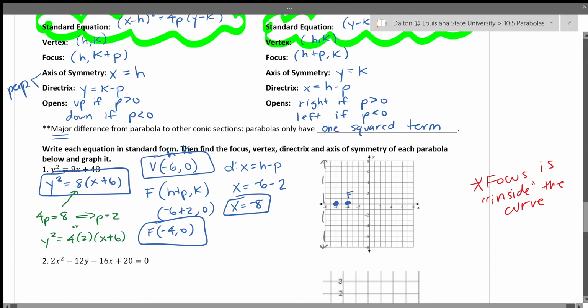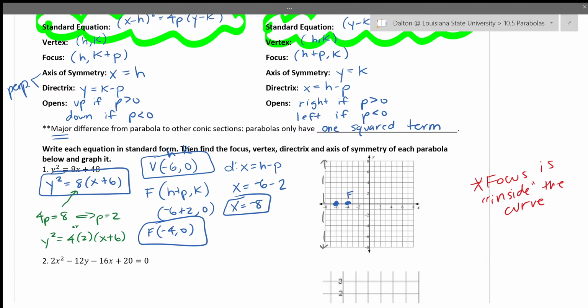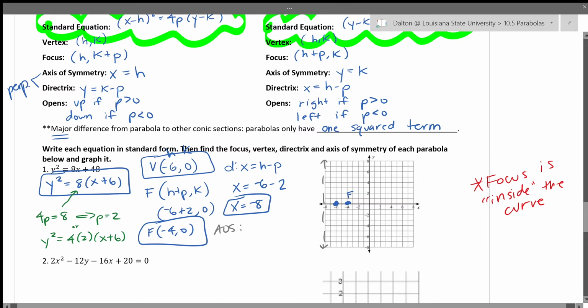And then the axis of symmetry, you could have even graphed before this if you want. The thing to remember about the axis of symmetry is that it's going to go through both the vertex and the focus. So you could follow y is equal to k if you want, or you can just use your logic and say, okay, it's got to be perpendicular to that directrix. It's got to go through my vertex and my focus. So it must be right here along the x-axis, which is y is equal to 0. So I need to see those 4 things graphed.